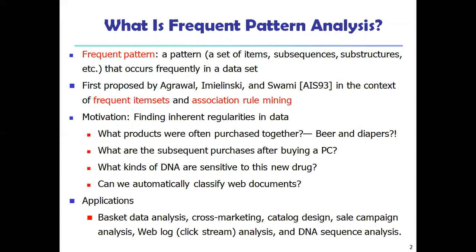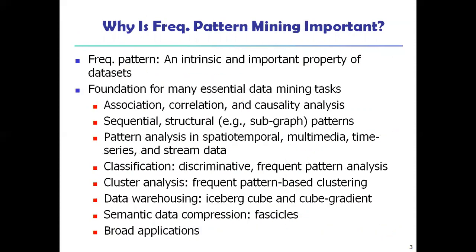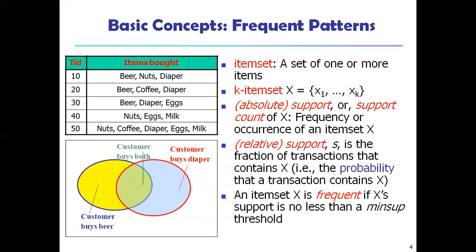We have seen what a support count is, what a confidence level is, and the foundations of essential data mining tasks. In those tasks we came across association, sequential structures, pattern analysis, classification, cluster analysis, data warehousing, semantic data compression, and examples of some frequent patterns.